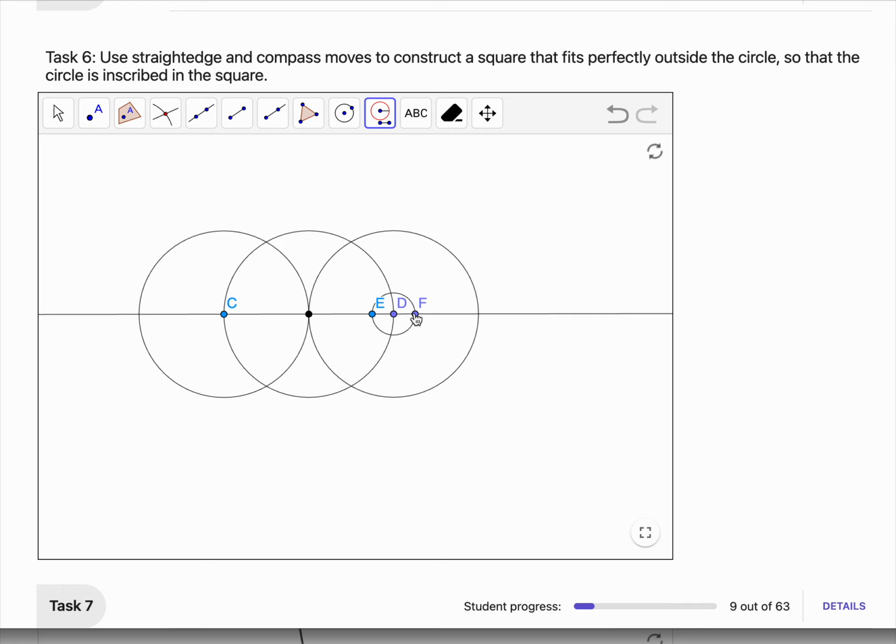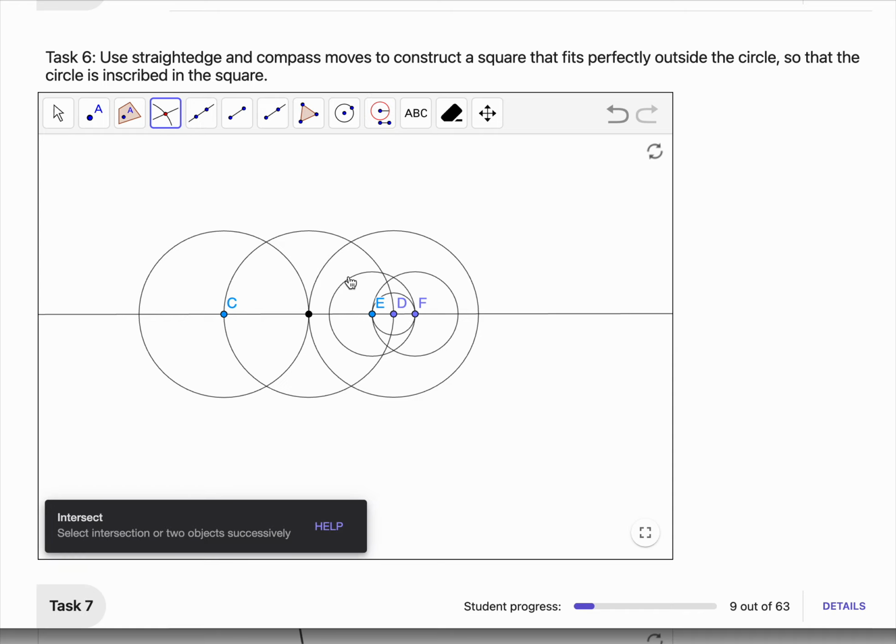It means it hits at a right angle, which is exactly what we want. So here we go. Make a circle here, and make a circle here. Notice I'm using that radius. My radius is the distance between E and F. And that gives me this intersection point and that intersection point. I'm going to call those out using the intersect tool.